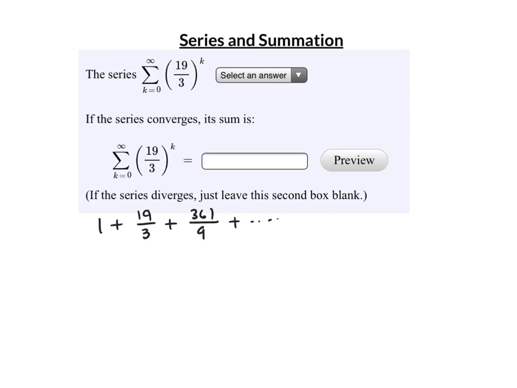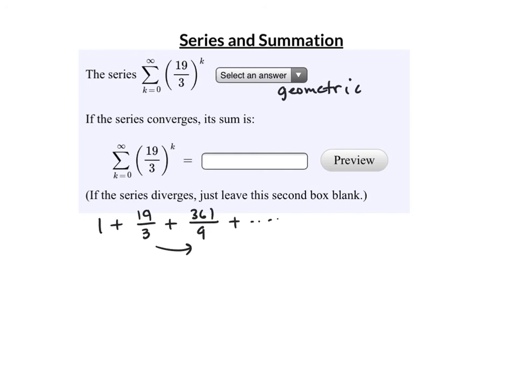And I can keep going. This is geometric because I'm multiplying by 19/3. Every time I go forward in the sequence, it's a power of 19/3. And every time I increase the power once, I multiply by 19/3 again.